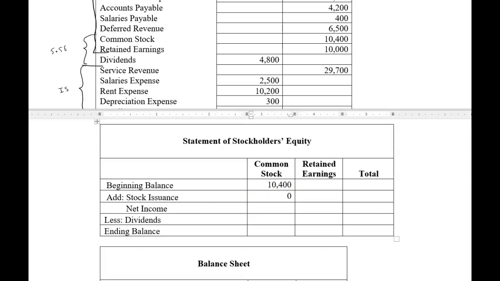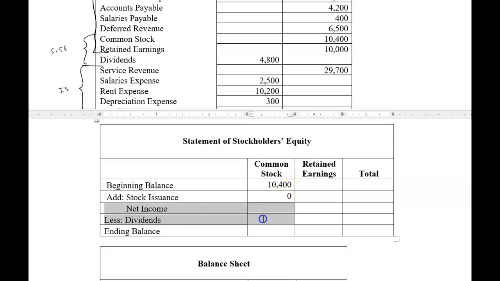So our issuance was 0. Now, if you're a new company and you had nothing, you would start with 0 and then you would issue stock. Or you may have a starting point and issue stock. So you want to use your beginning balance of 10.4. If you had issued stock, you would need to go to your January 1 trial balance to see what that beginning balance was and then add your issuance. We didn't actually issue any in this problem, so it's 10.4.